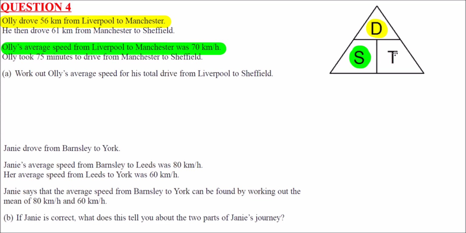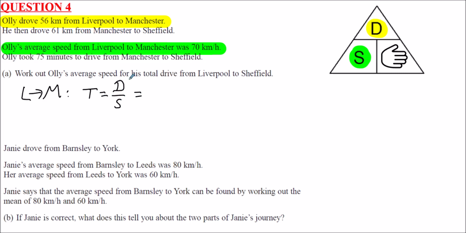Because we want to work out the time from Liverpool to Manchester, we just cover up the t for time. So for Liverpool to Manchester, the time taken is the distance divided by the speed.